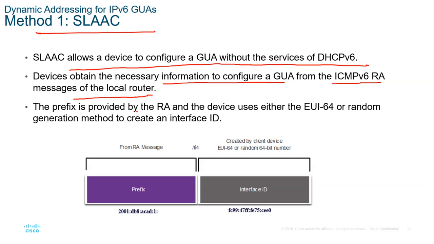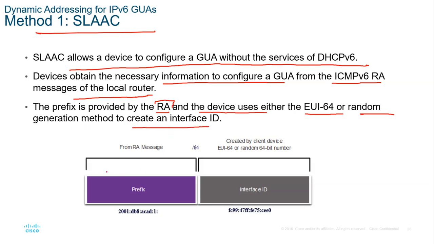So the prefix is provided by the router advertisement, and then the device uses either the extended unique identifier or a randomly generated method to create the interface ID.